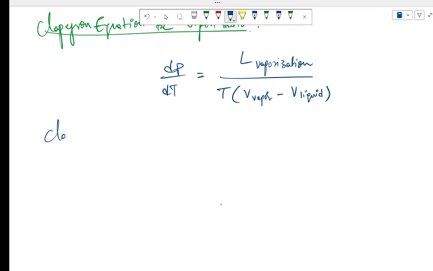Now we'll write the Clapeyron equation for sublimation.